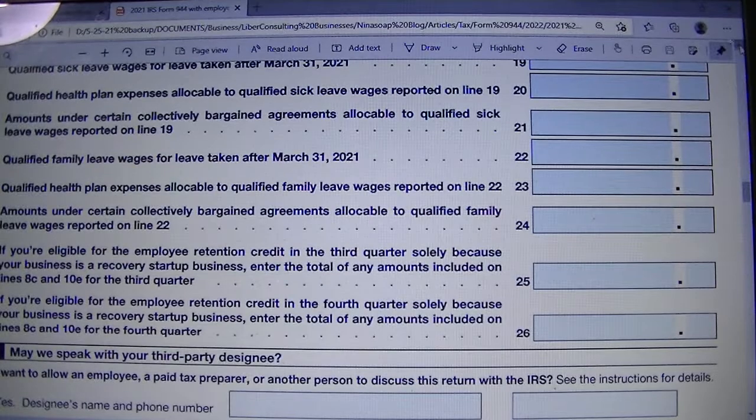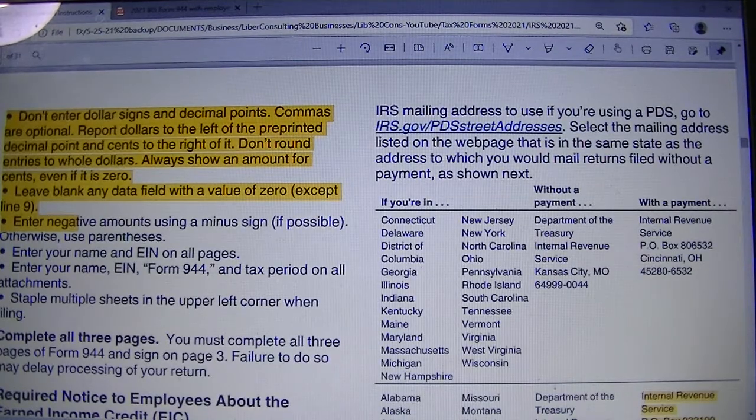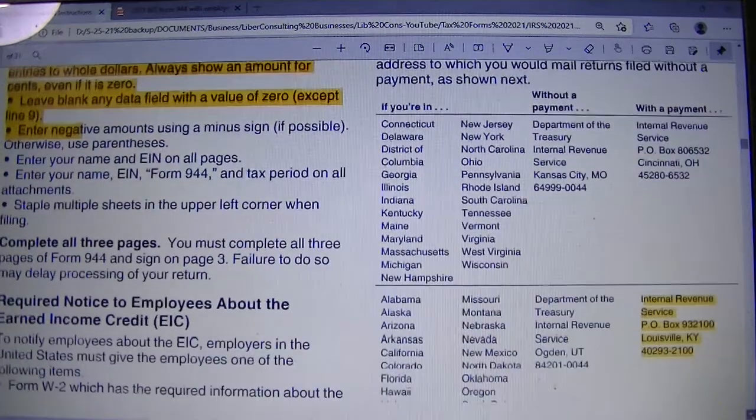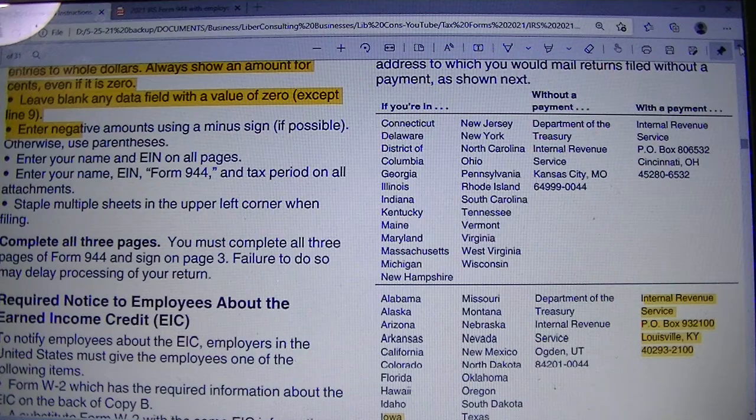So now that you have your form filled out, completed, you will need to go to the instructions, and the instructions on page 9 have the address where you'll file the form. If you decided to make deposits online, you will use the without a payment address.